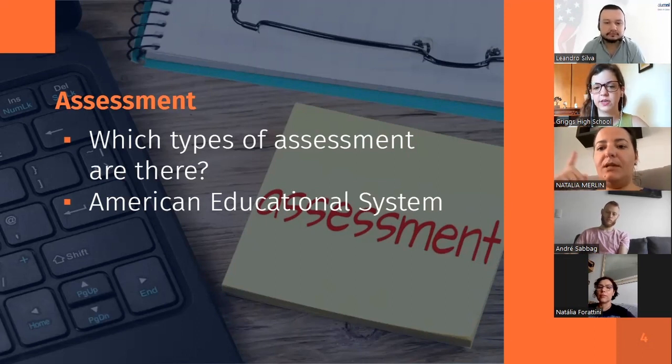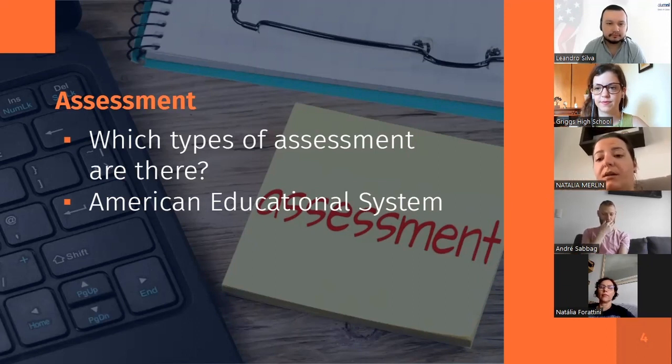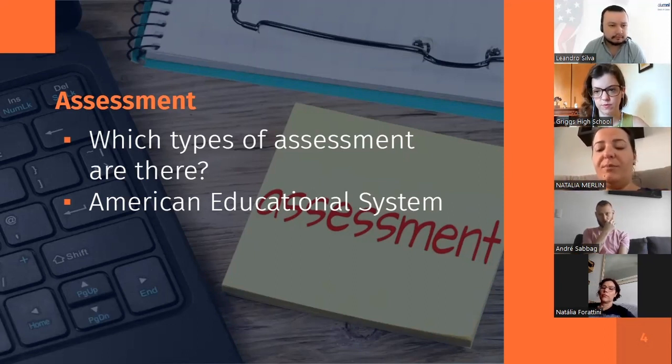In the American educational system, students are assessed day by day, class by class, week by week, month by month.